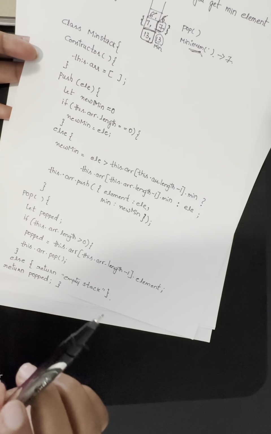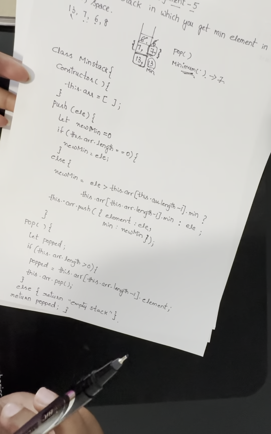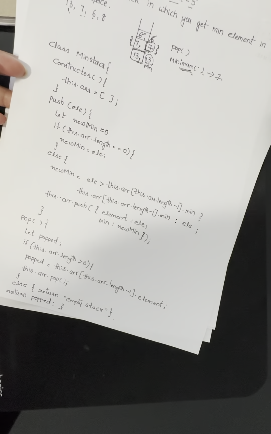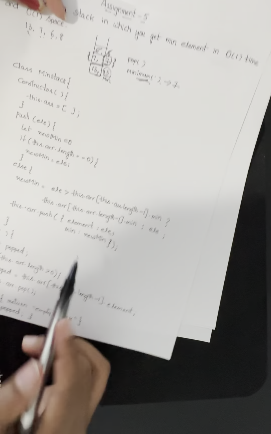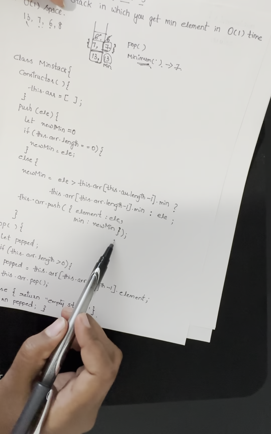So all we need to do when the minimum is called is get the last element in the stack, and in that last element we have the min entry, which contains the minimum element.